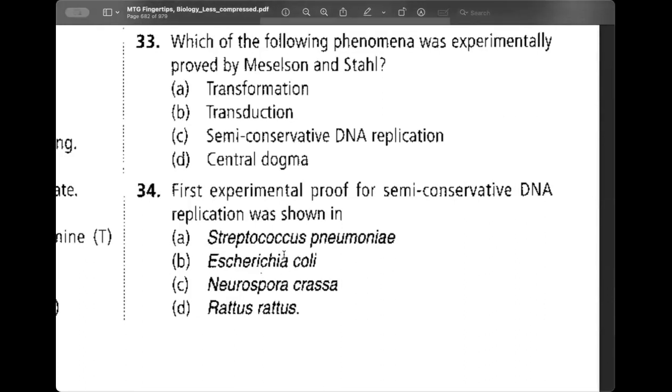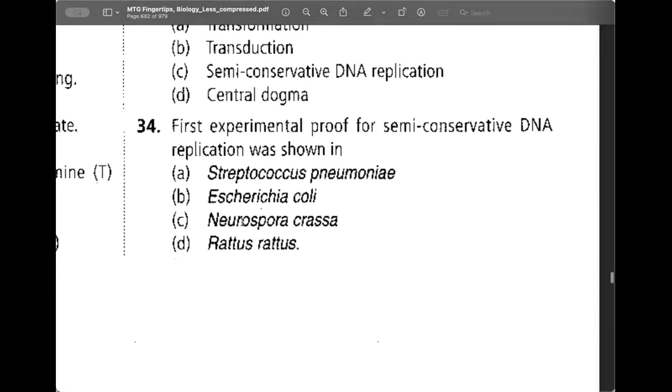Okay. This you know easily. Don't be scared by these big words. The first experimental proof for semi-conservative DNA replication was shown in which experiment they are talking about?